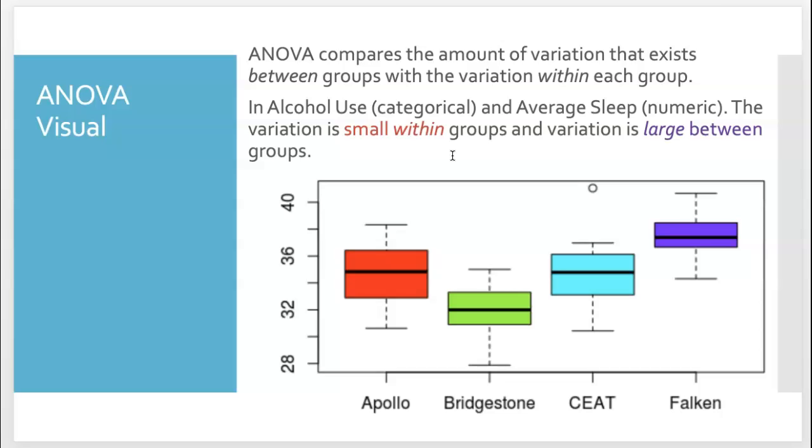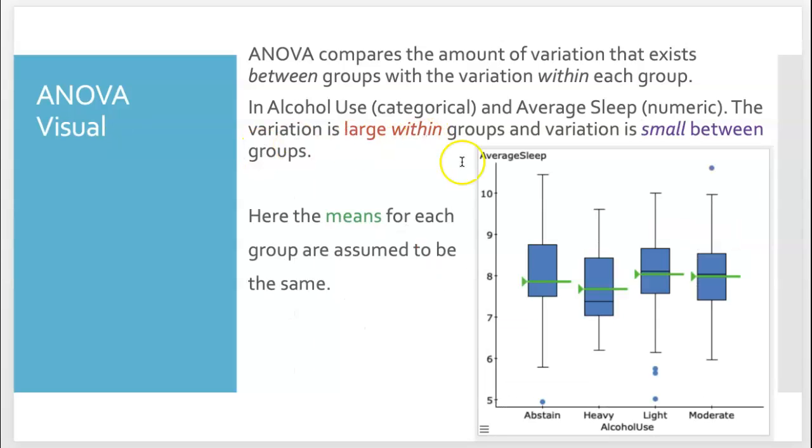As you can see here, we're comparing the variation within and between to make decisions. In the previous slide, the variation is large within but small between. We're looking at the means, and there's no big difference, so we're probably not going to reject the null hypothesis.